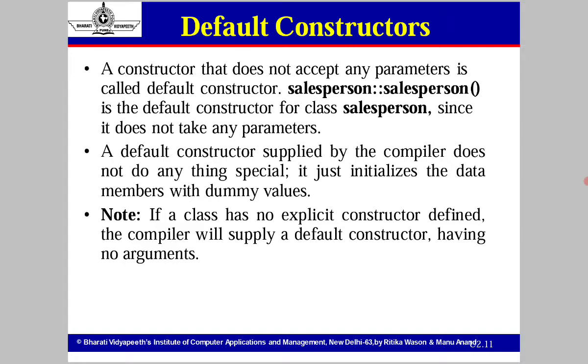If a class has no explicit constructor defined, this is the default constructor. So what is a default constructor? A constructor with no arguments or no parameter values is called a default constructor.